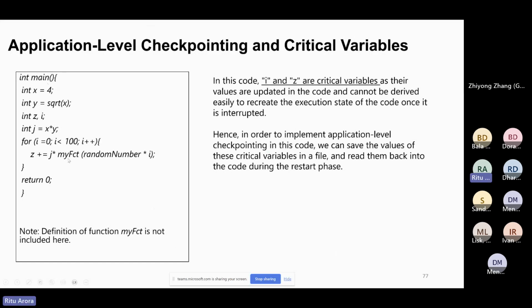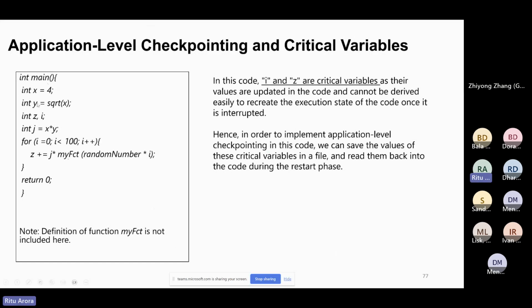This is a very tiny program. I would give you a moment to inspect what's going on in here and see if you can identify anything in the code that can be recomputed using the values of other variables, and something which is very difficult to recompute, or very difficult to find the value of in the phase of restart.